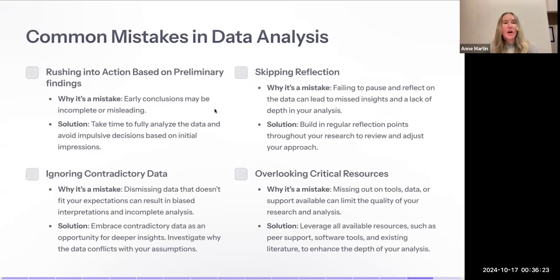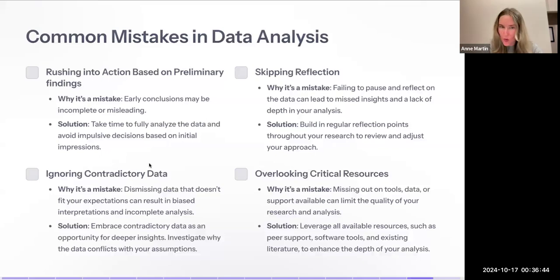So we talked a little bit about rushing to preliminary findings. It is a lengthy process, the data analysis, but taking the time to go through that and check that. So taking the time to fully analyze the data.